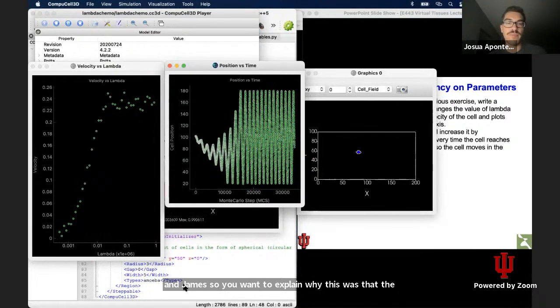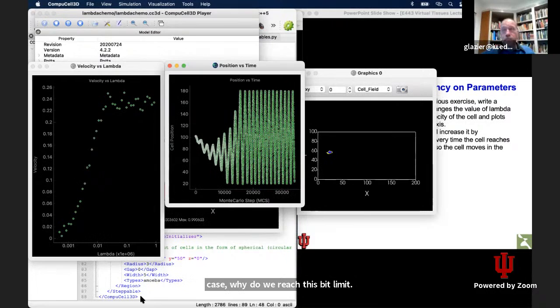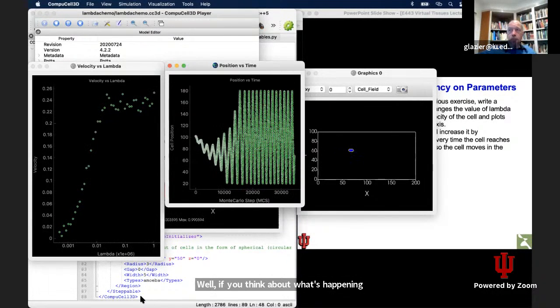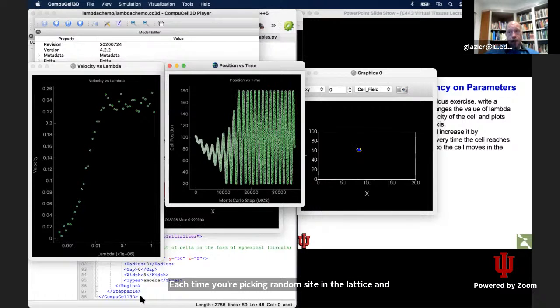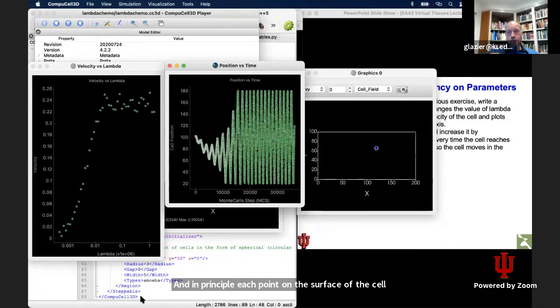Sure. Well, if you think about what's happening in a Monte Carlo step, each time you're picking a random site in the lattice and asking, does the cell move forward by 1 pixel? And in principle, each point on the surface of the cell is visited once per Monte Carlo step.